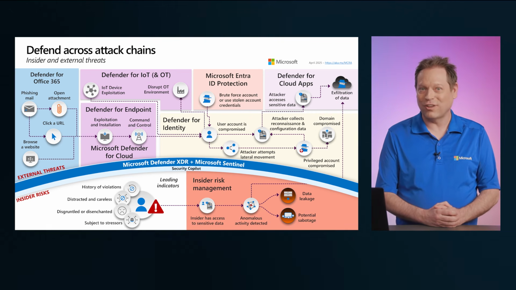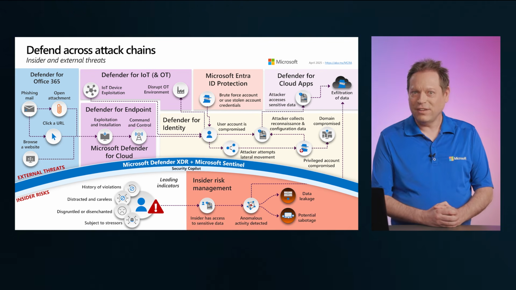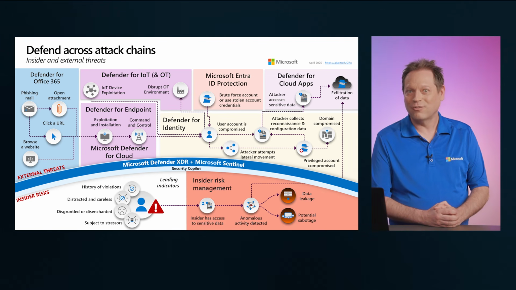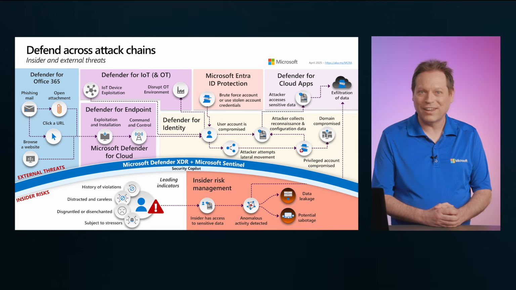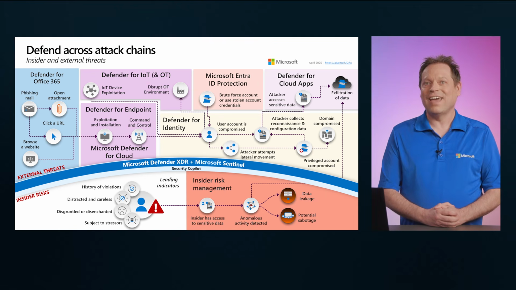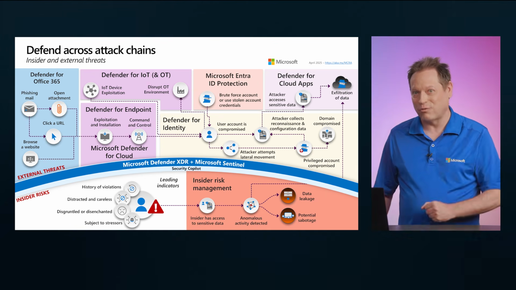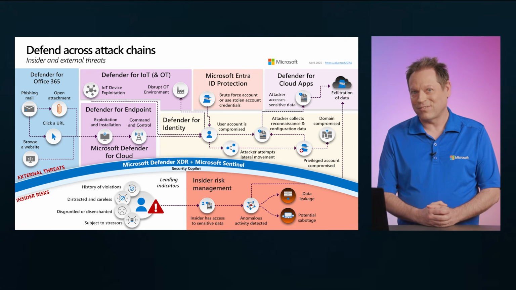automated investigation and response. On the identity side, Entra ID and Defender for Identity help detect compromised accounts, brute force or password spray attacks, risky sign-ins, and suspicious activity for both cloud identities and on-premises identity infrastructure like Active Directory and ADFS.